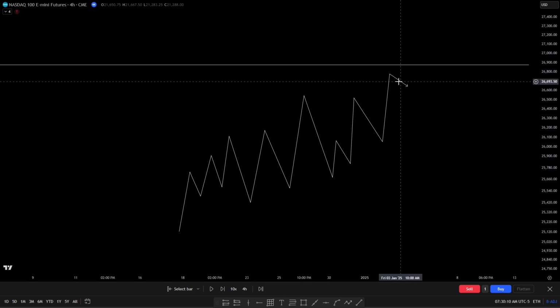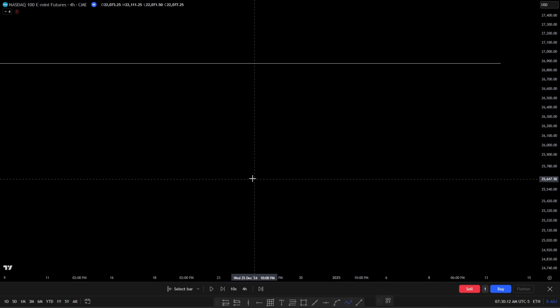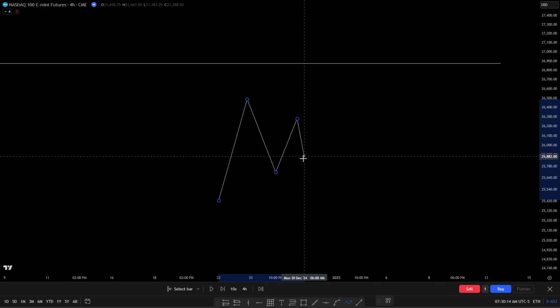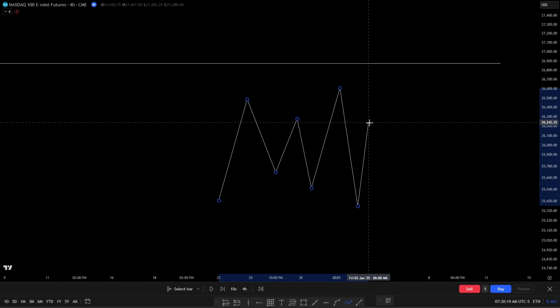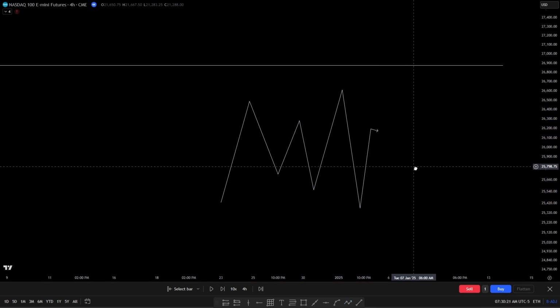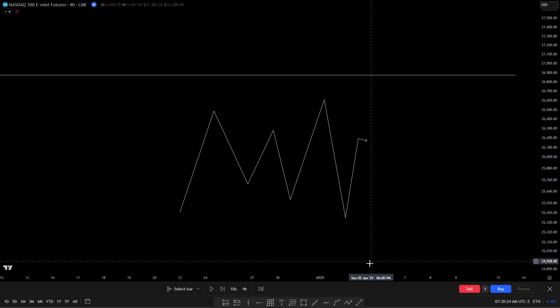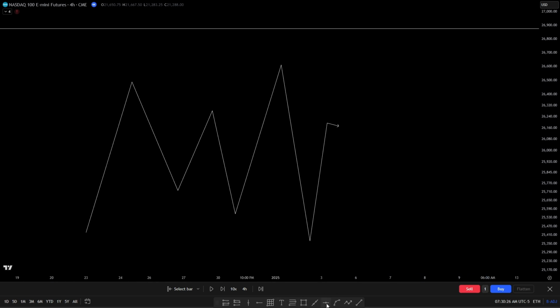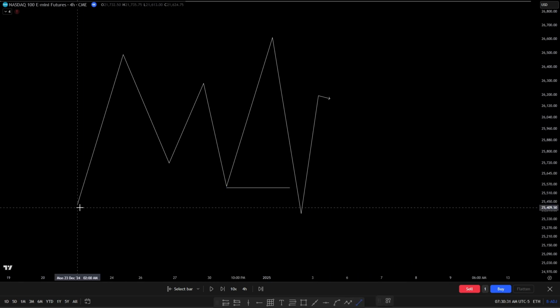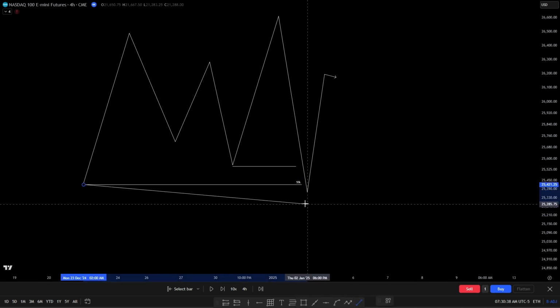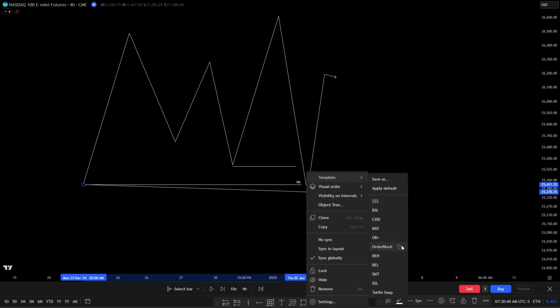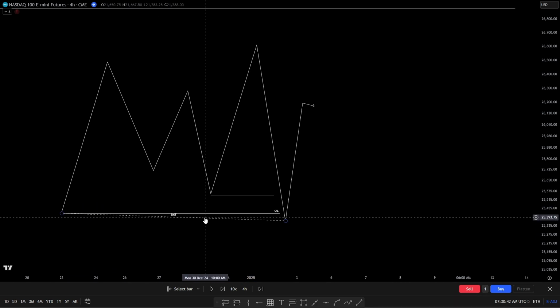Actually, you know what? Let me draw a better one for you. Okay. So say this is price action right here. This is the last thing I'm going to show you guys. We have sell side swept, external sell side swept. And let's say we have an SMT also at these lows. So this is context, right?